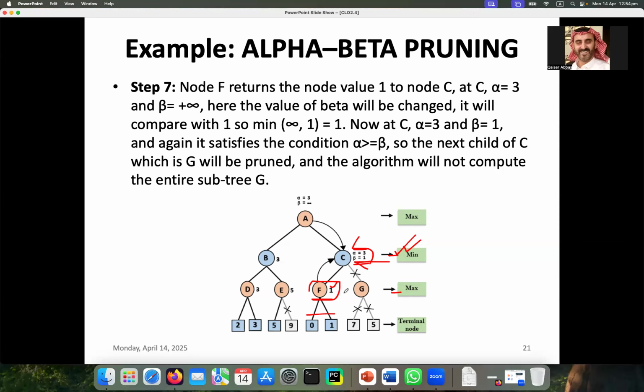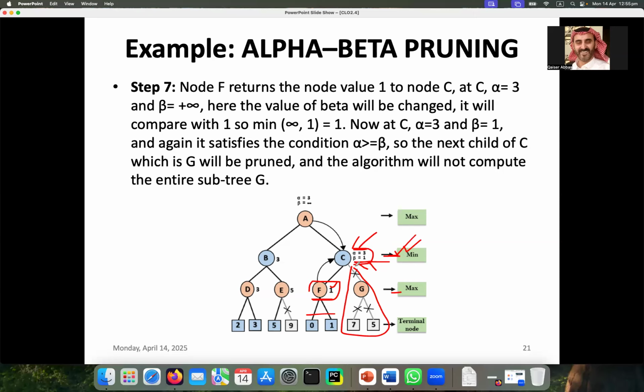There is a chance that if we open these branches, we will get some higher value for the alpha or some lesser value for the beta. This is the move for the min. We already have the values 3 and 1.